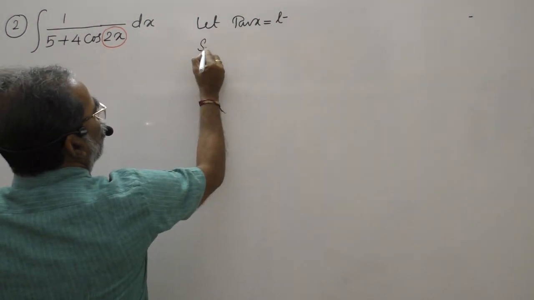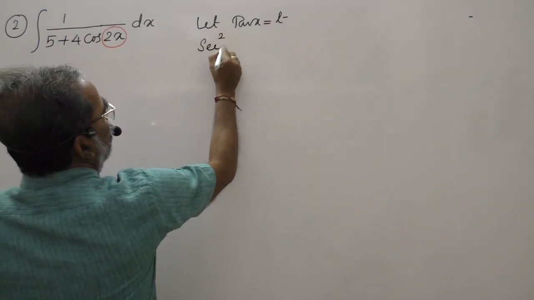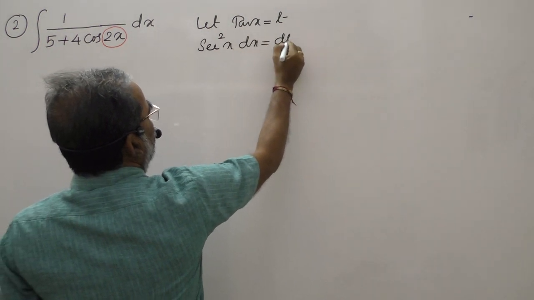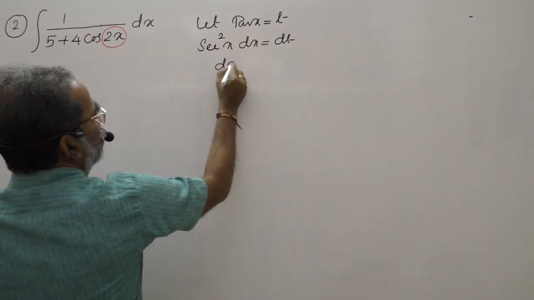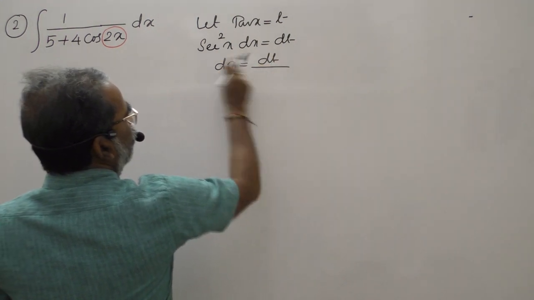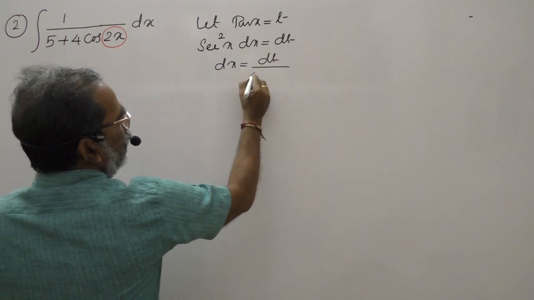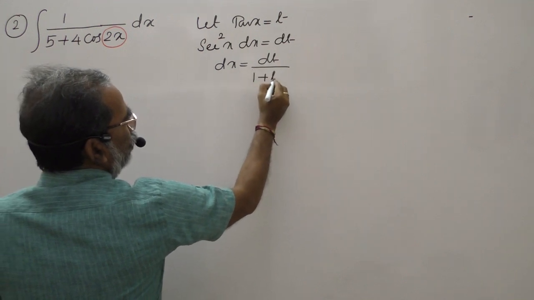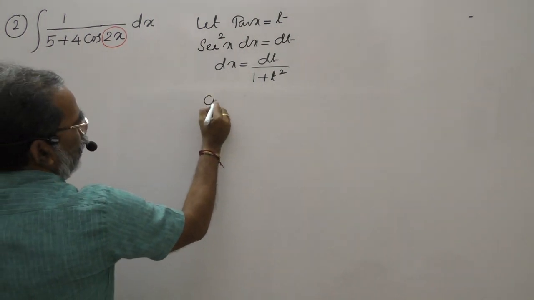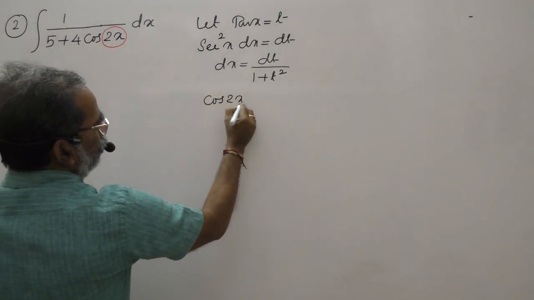Now differentiating this, secant square x dx is equal to dt. So dx is equal to dt by secant square. Secant square is 1 plus tan square, you can write 1 plus t square. Also I need cos 2x, no?